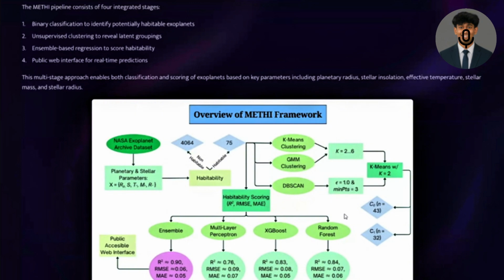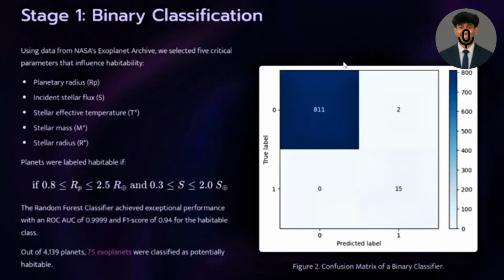Now, the first stage is the binary classification. Once we extracted the data from the NASA Exoplanet Archive, we selected 5 critical parameters used for habitability: planetary radius, incident stellar flux, and a small formula that we combined using lots of previous methods and what we saw from ESI and PHI.